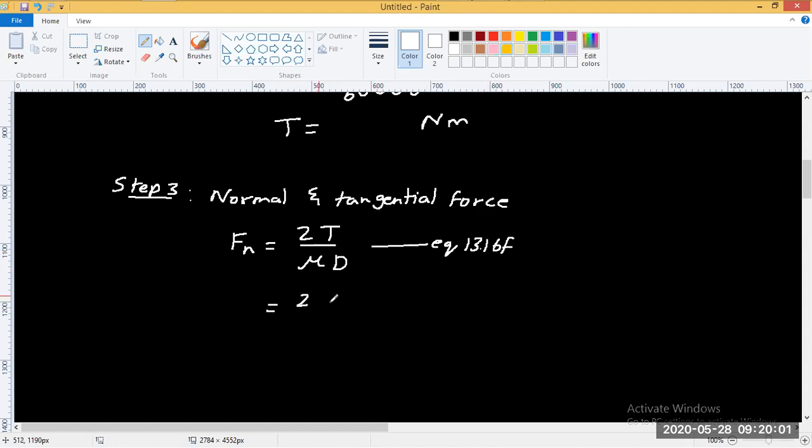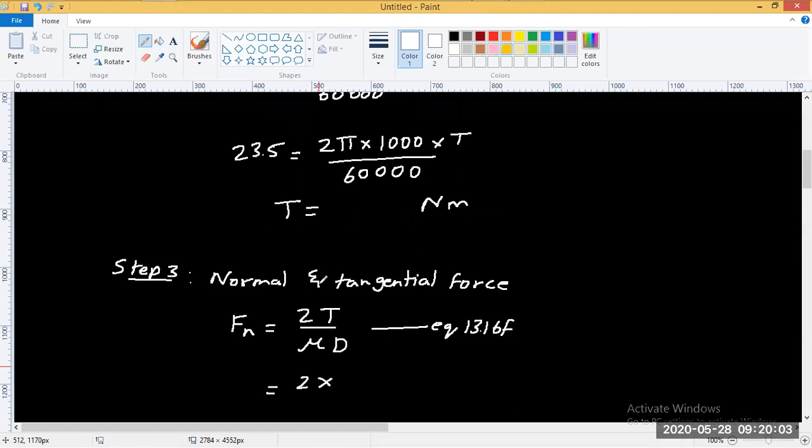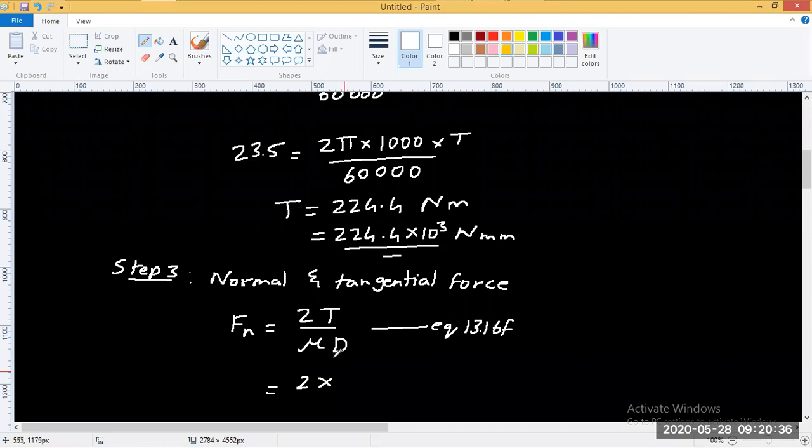So this is 2 into torque. Torque, anybody found? Let me just calculate. Right. So this is around 224.4 Newton meter, which is 224.4 into 10 power 3 Newton mm. Now we have found the torque.